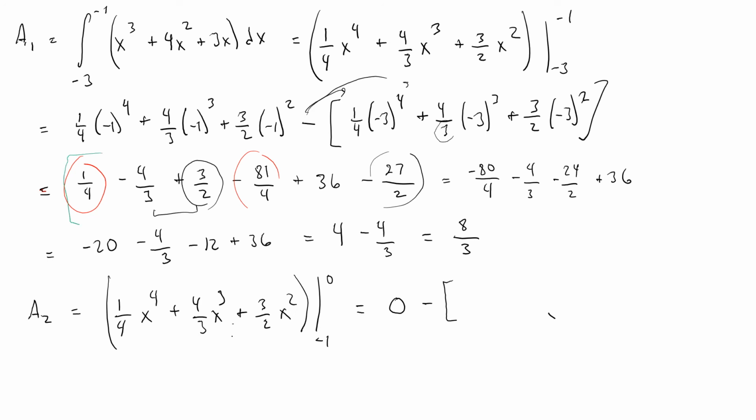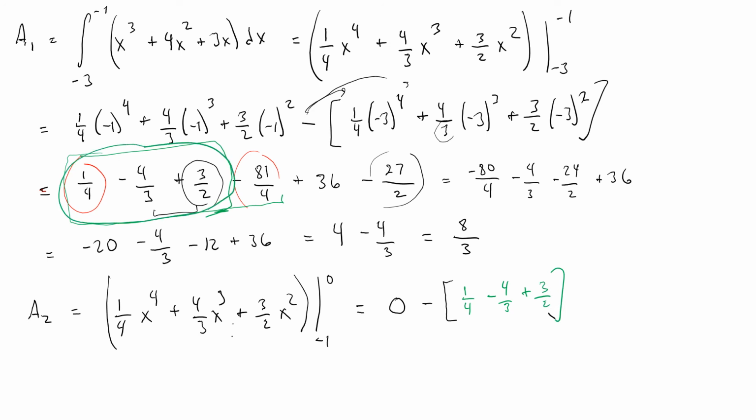It came out to this stuff back up here, not the 81/4, which came from the other side. So if I plug in -1, once again we get 1/4, then a negative 4/3 plus the 3/2. It's the same stuff that we got right up here.